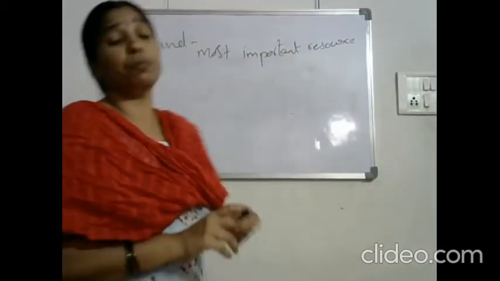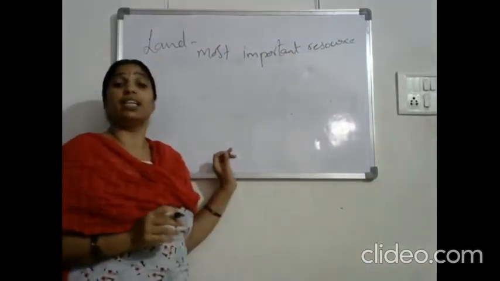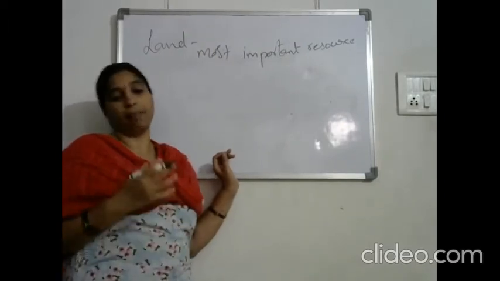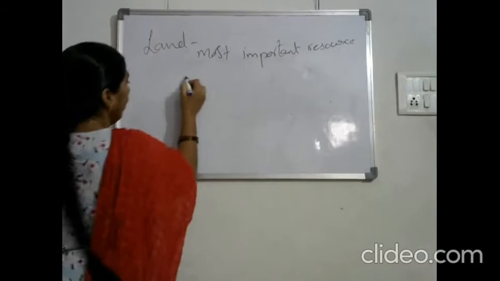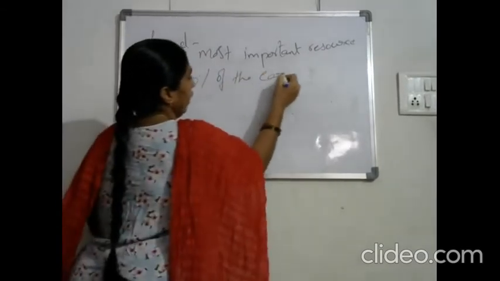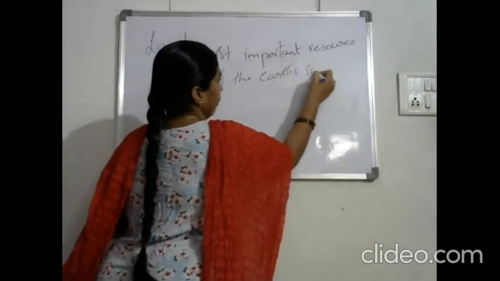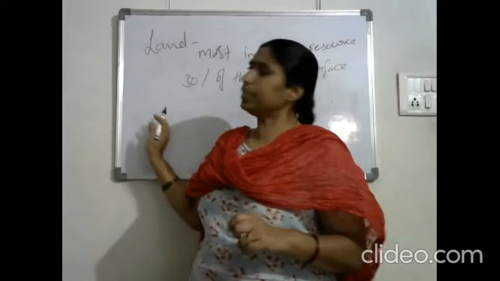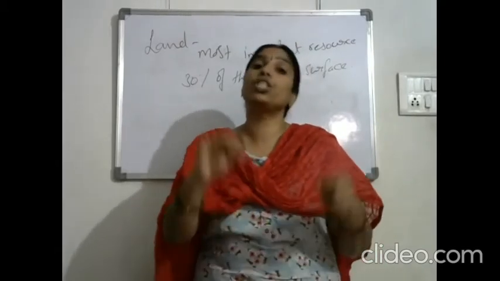How much percentage of the earth's surface is covered by land? About 30% of the earth's surface is covered by land. But do you think the whole 30% is habitable? No, it's not.